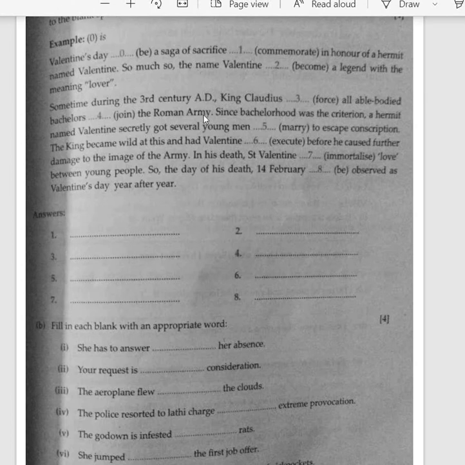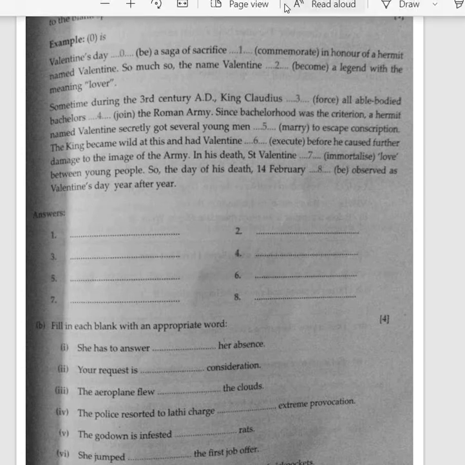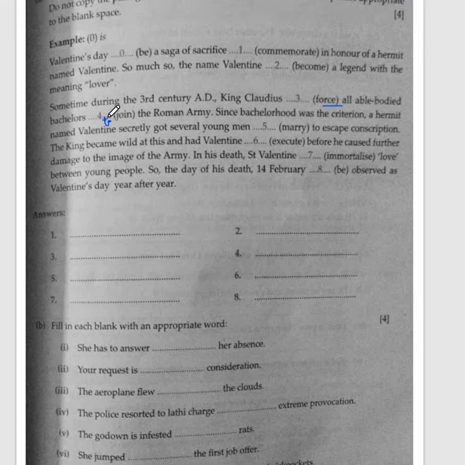Sometime during the 3rd century AD, King Claudius forced, F-O-R-C-E-D, since the e is given, only d will be added, all able-bodied bachelors to join. Whatever is given will remain, and you will only have to add to join the Roman army.